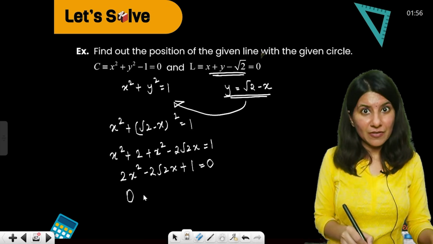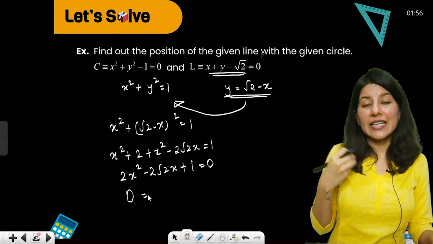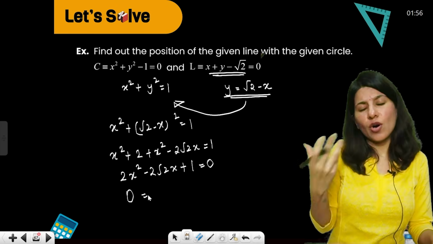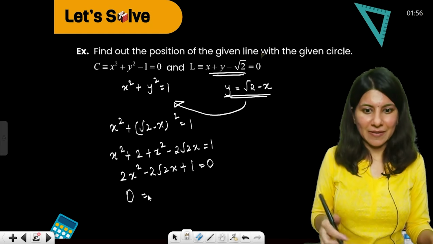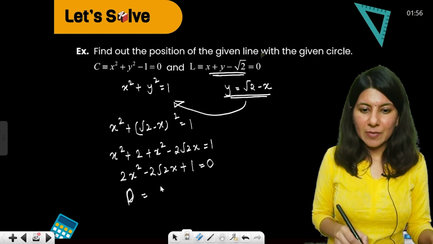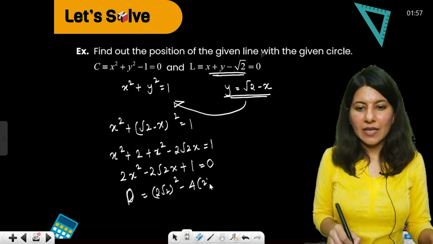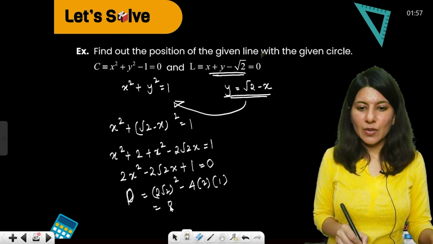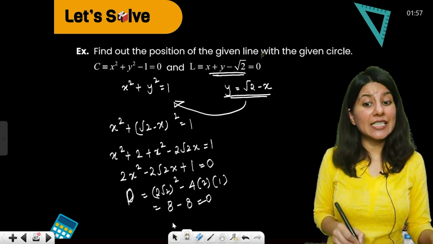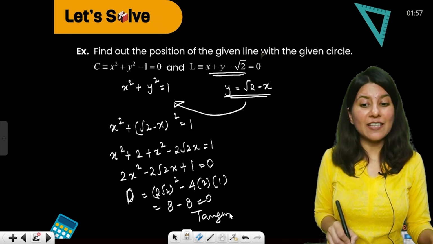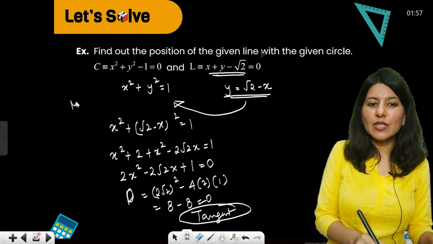Now the discriminant of this quadratic will tell you whether the line cuts or touches the circle or does nothing. The discriminant will be b² − 4ac, so (2√2)² − 4ac, so 8 − 8, oops, discriminant 0. That means the line is tangent to the circle. This is actually method number 2.